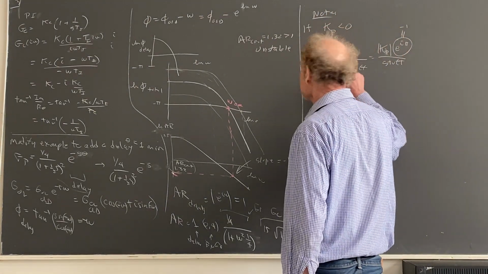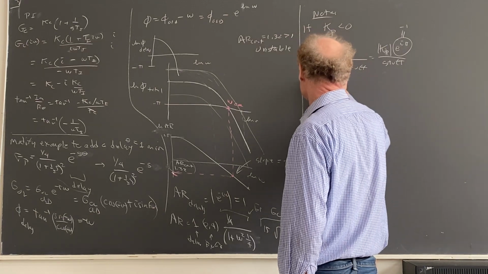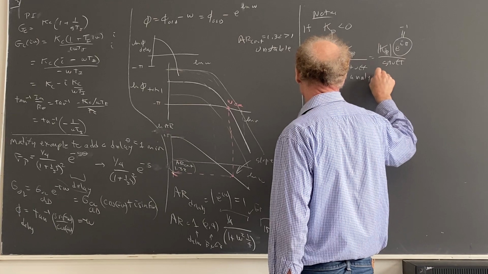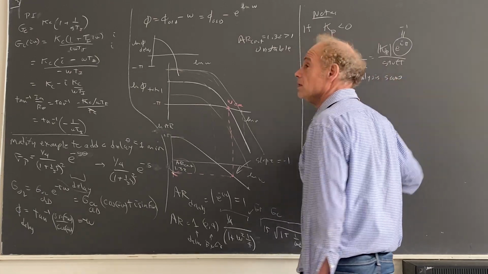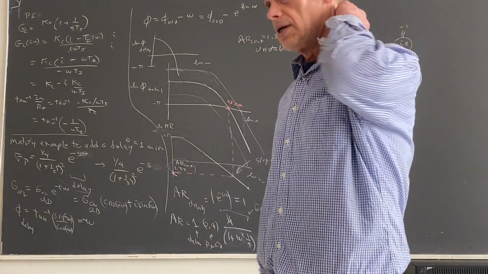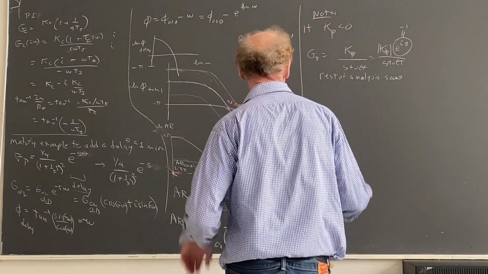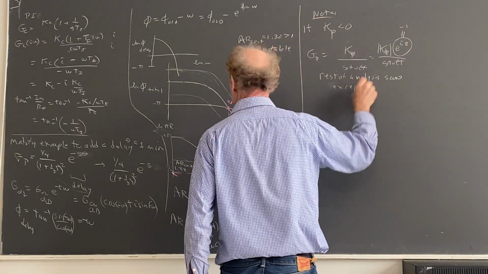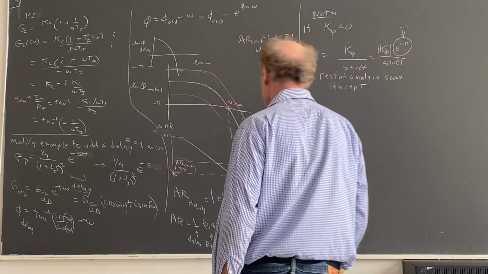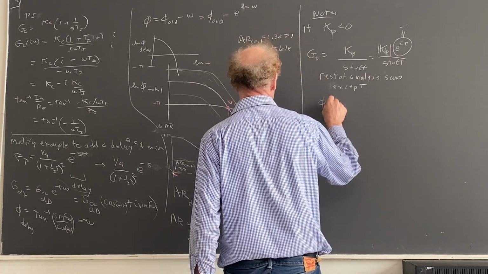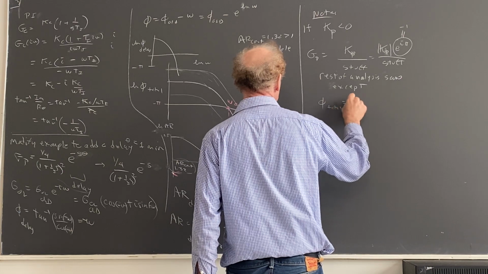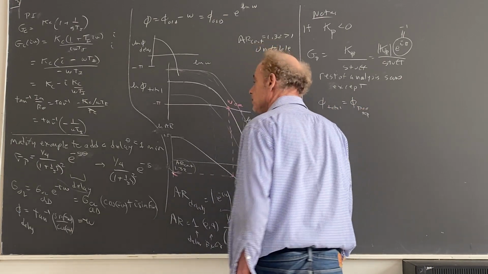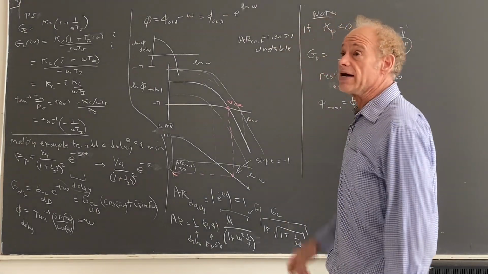So then the rest of the analysis is the same, except in the end, when I'm calculating phi total, I've got phi for positive Kp, and this is just another factor in there.